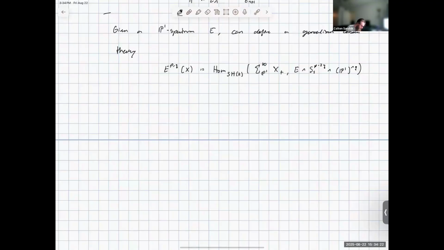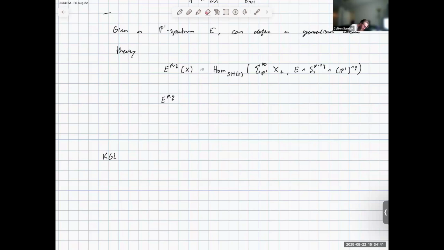Okay, so this E^{P,Q} is the cohomology theory? Yes.